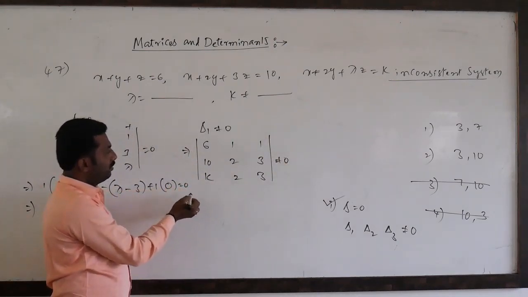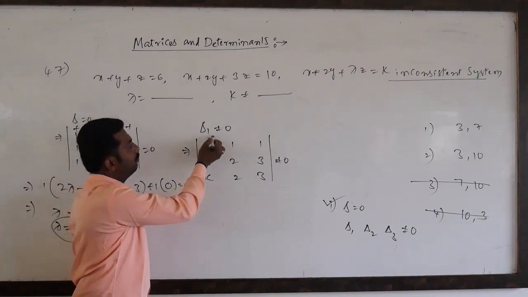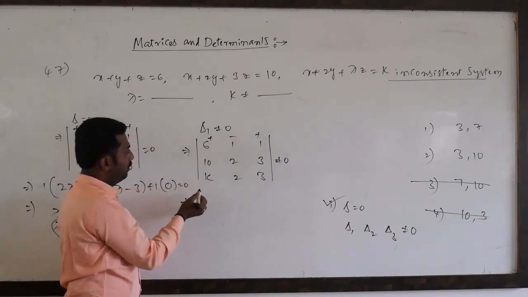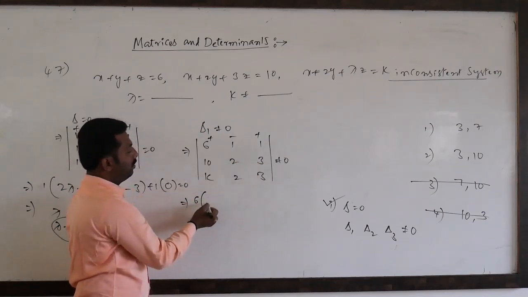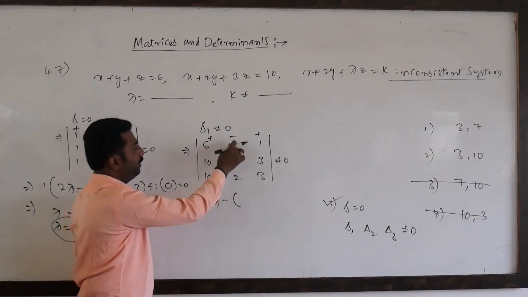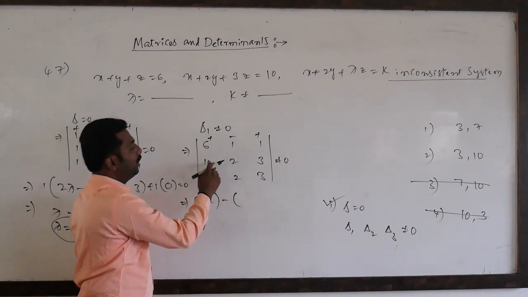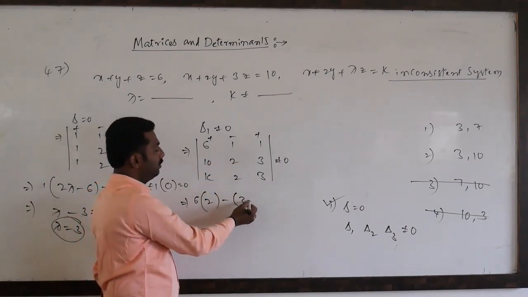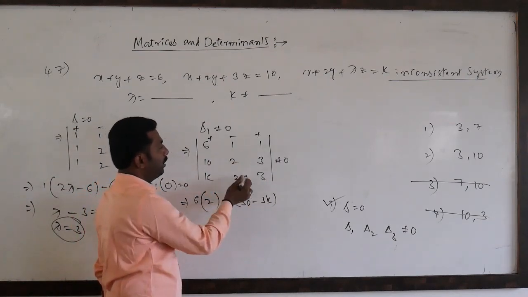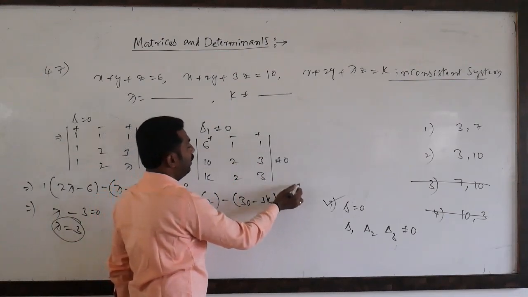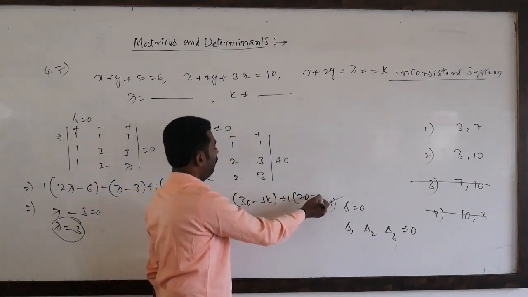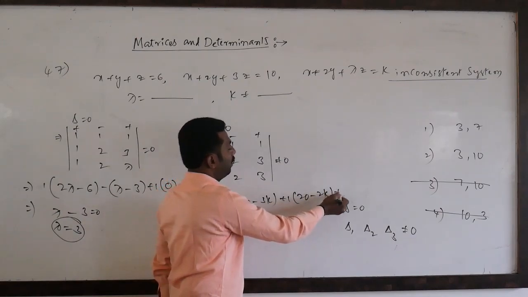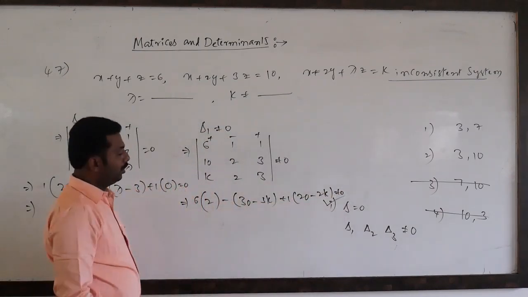If you expand this with plus minus plus, 6 into 6 minus 4, nothing but 2, minus, closing this column, 30 minus 3k, plus 1 into, closing this column, 20 minus 2k, not equal to 0.